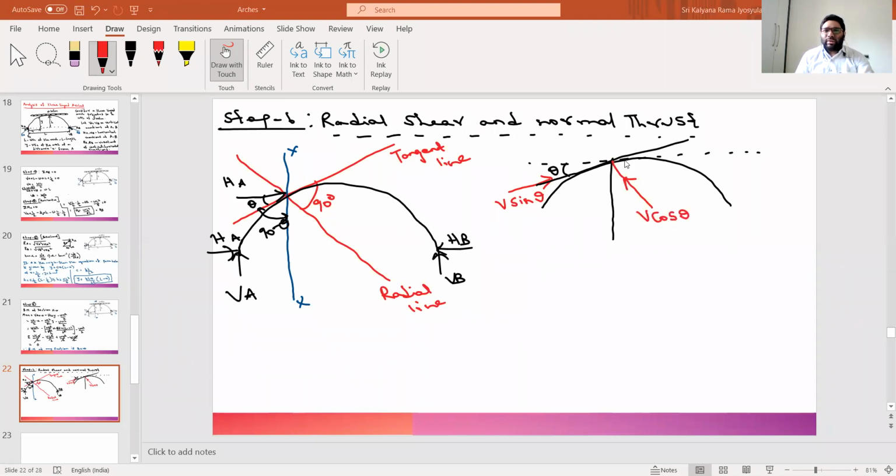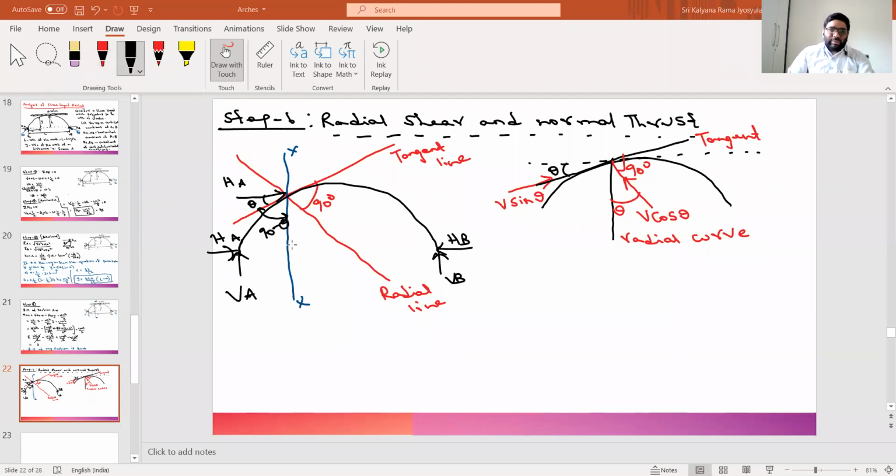And this inclination is 90 degrees, and this is also theta. So this is the tangent line, and the other one is the radial curve. We are just trying to split it into two parts. That's it.